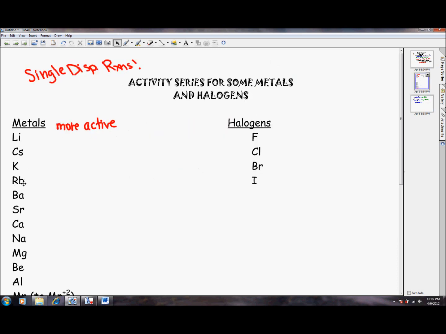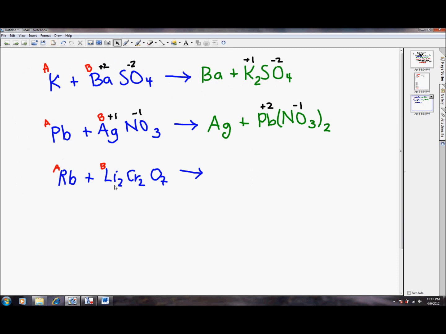Rubidium is metal A. Here's lithium. Lithium is metal B. So Rb is lower than lithium this time, so Rb is less active than lithium. That means Rb cannot take the place of lithium. It can't knock lithium out and bond with the dichromate.